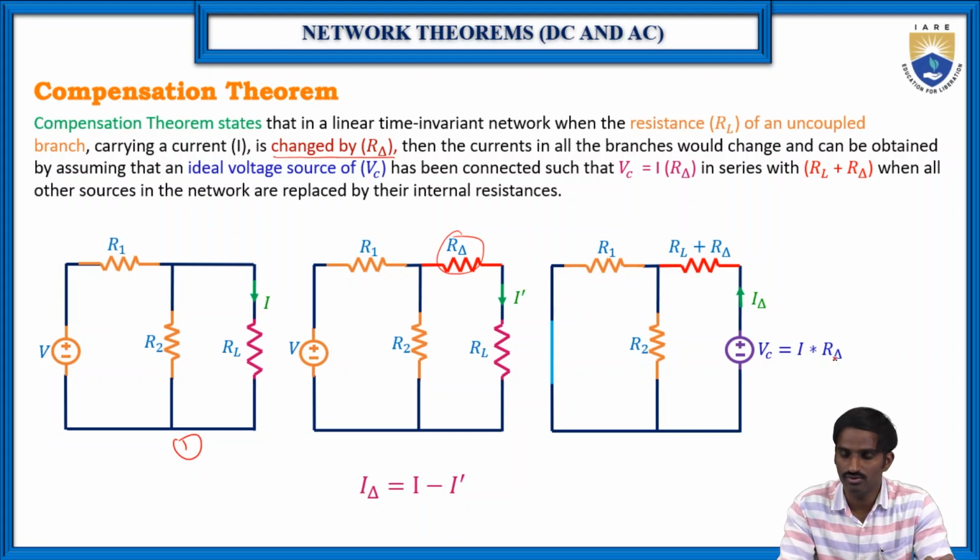So then the delta current is equal to I minus I dash.